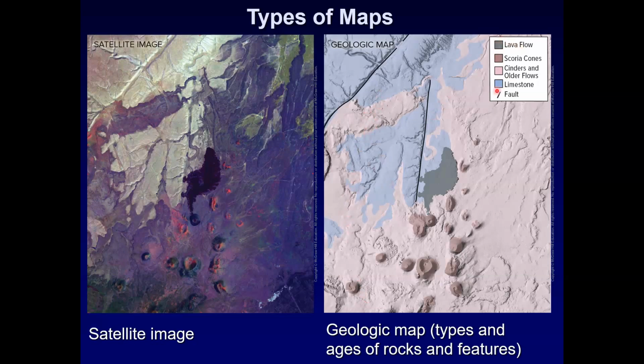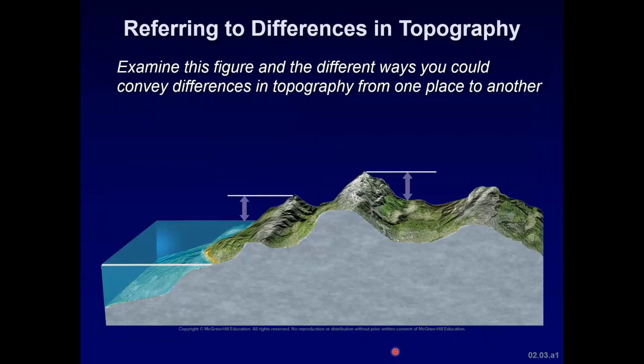We have this as the legend, gray being the lava flow, scoria cones, cinders and older flows, and then limestone being the sedimentary rock in the north, and then the faults are marked with these black lines. For what a geologist does, this could be the most informative, but they're all important and they're all useful.